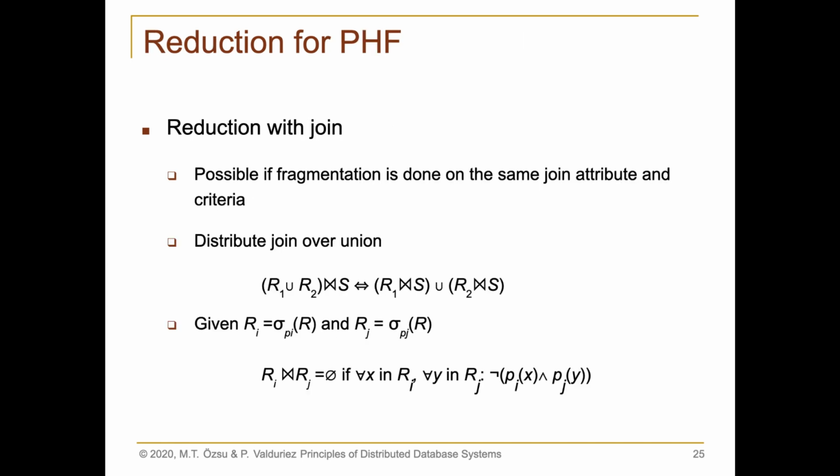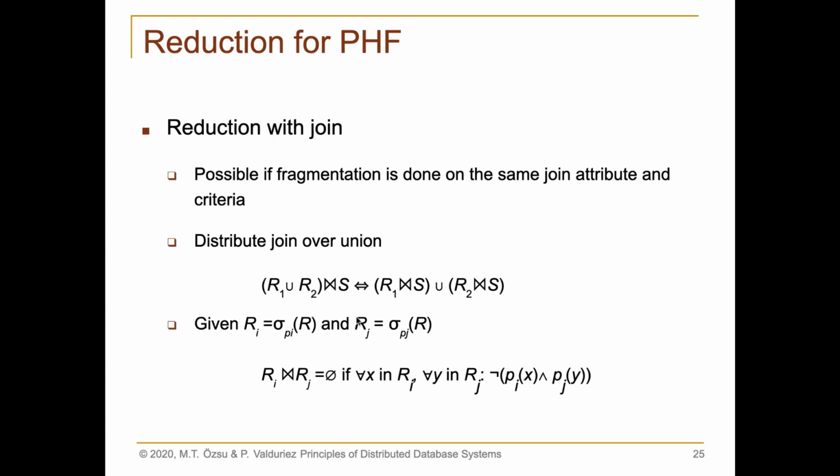The other technique to reduce unwanted fragments from a distributed query process is reduction with join. But in order to perform reduction with joins, two fragments or subrelations should have the same join attribute and criteria. So the technique that we apply to reduce primary horizontal fragments using join is by distributing join over union.